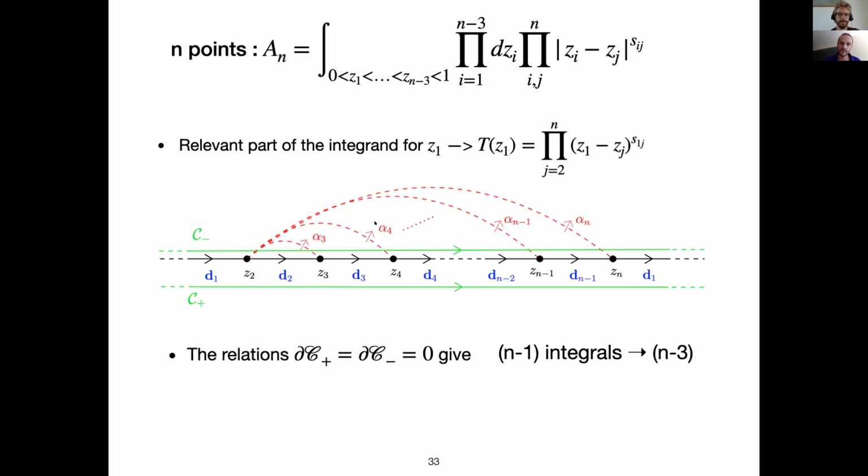Then you have all of the phases coming from the monodromies, and you obtain a similar type of relations by doing the same thing as I have explained just before. So the point is that, again, the vanishing along the plus and minus contours will reduce the total number of integrals from n-1 to n-3.